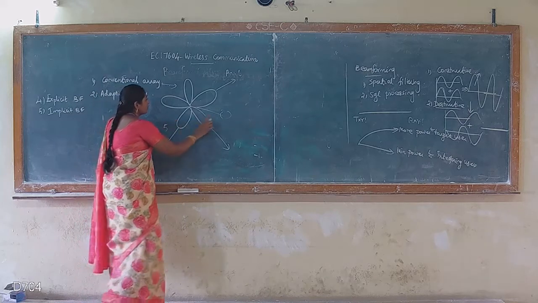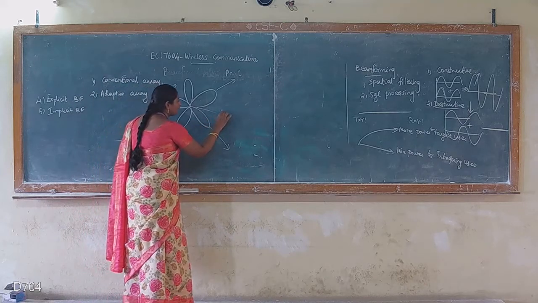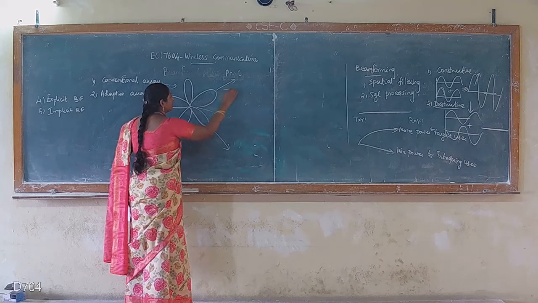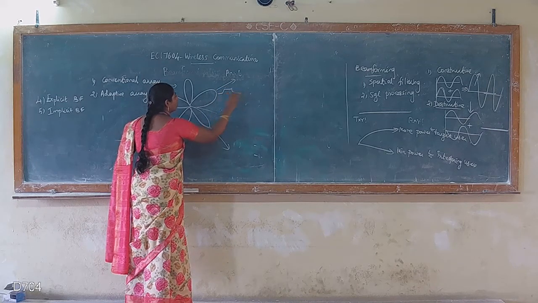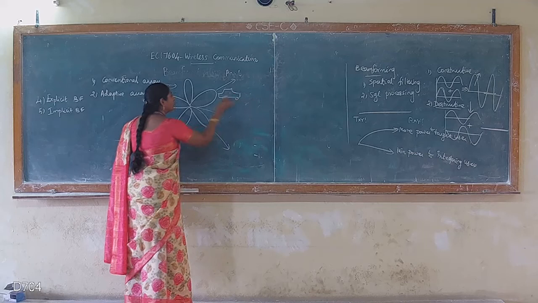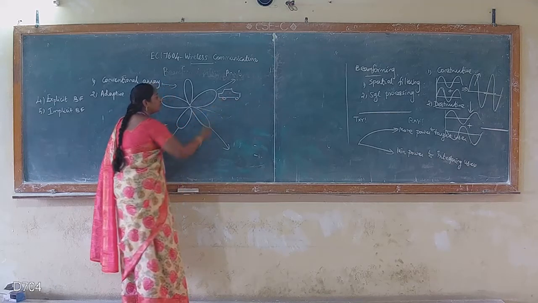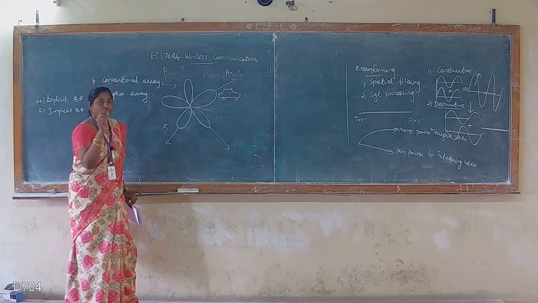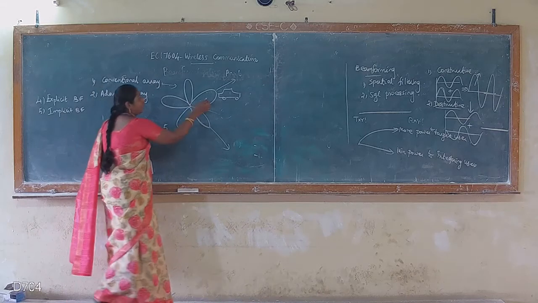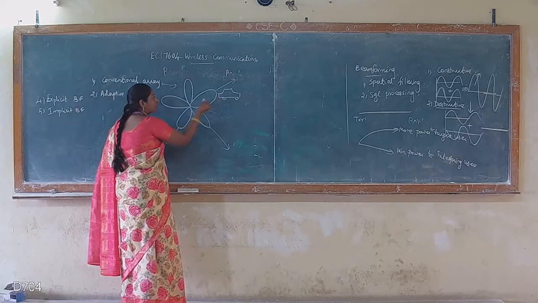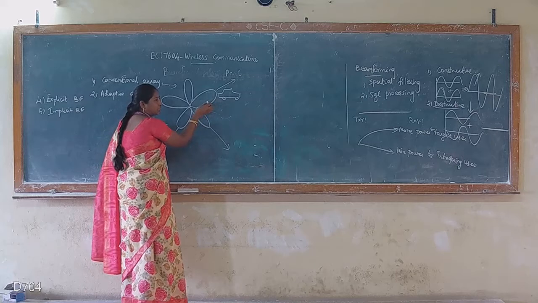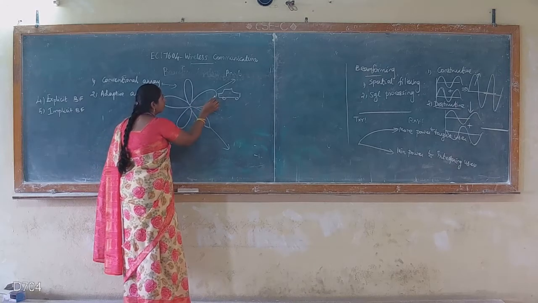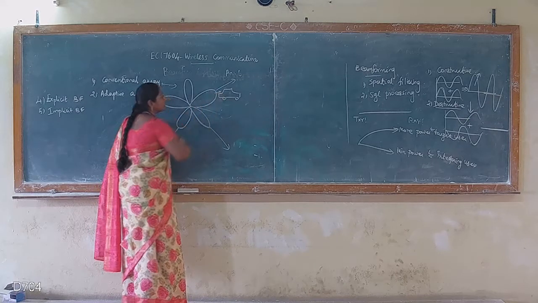Clear? Suppose a user is in this place. If the mobile user is here, no problem. Which radiation pattern is formed towards the mobile user? This radiation pattern, because the mobile user is in this pattern's direction, so this beam is focused towards the mobile user.